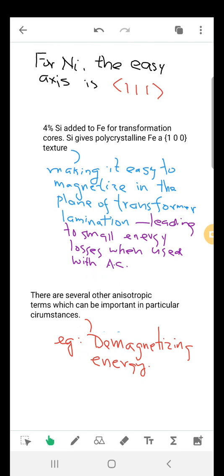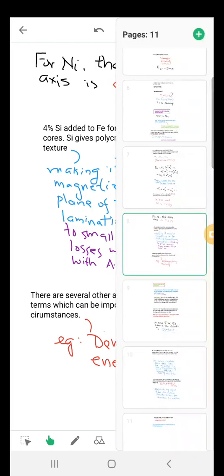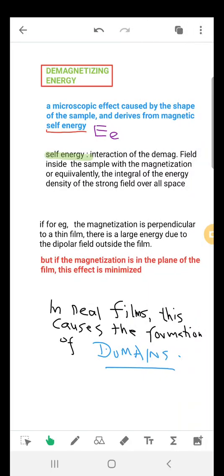Now there are several other anisotropic terms which can be important in particular circumstances, and these give rise to demagnetization energy. This demagnetization energy is a macroscopic effect caused by the shape of the sample and derives from magnetic self-energy. Self-energy is the interaction of the demagnetization field inside the sample with the magnetization, or equivalently the integral of the energy density of the stray field over all space.